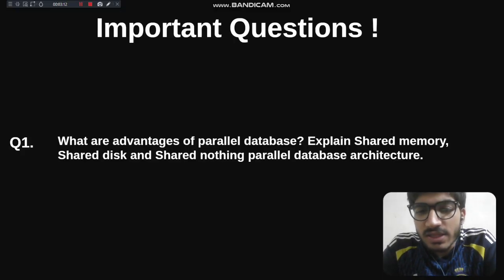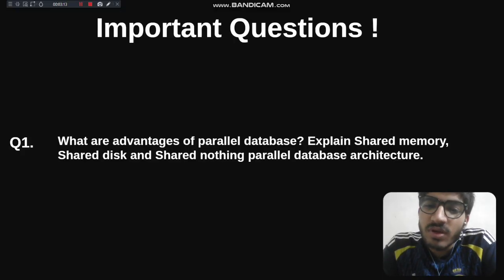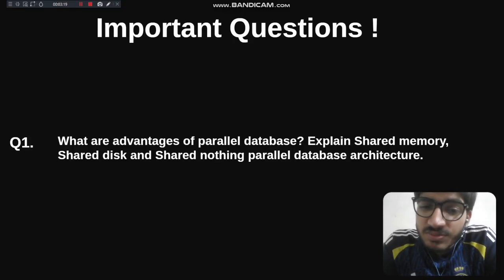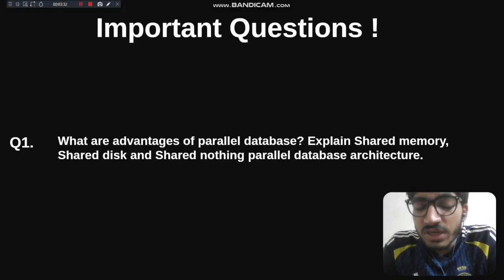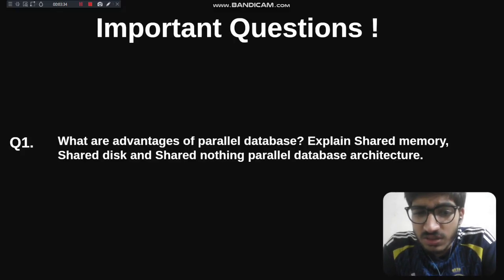If a CPU fails, data is still safe, and it is more scalable than shared memory. Disadvantages: disk access becomes a bottleneck. Everyone depends on the same disk. That's why sometimes disk access becomes a bottleneck. It requires synchronization to avoid conflicts. It is used in clustered systems.